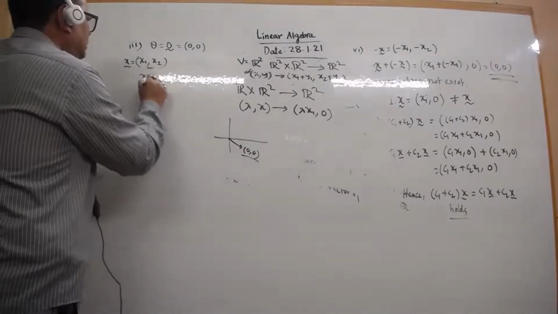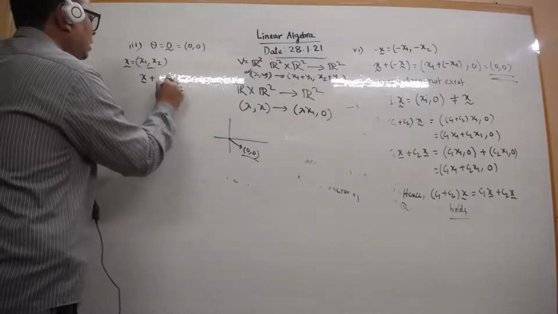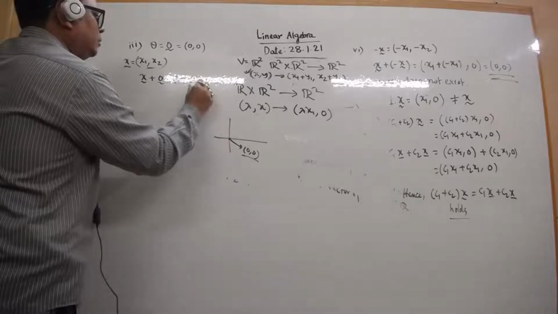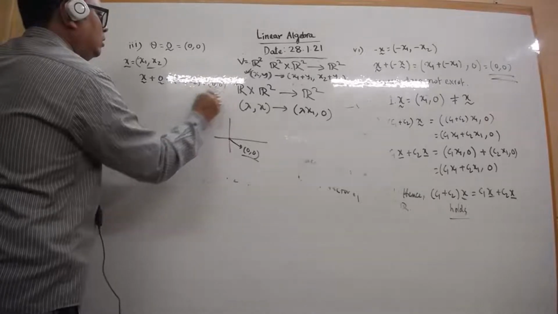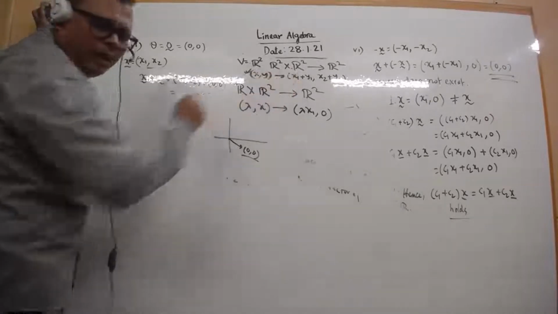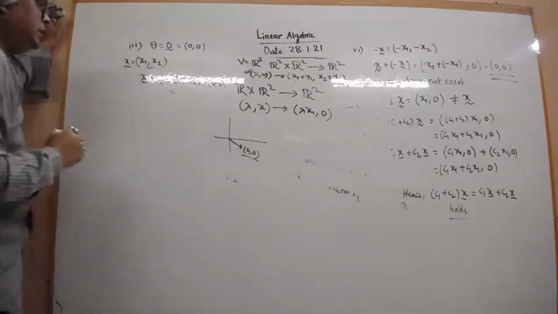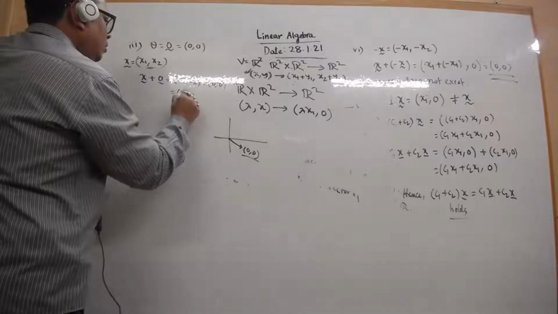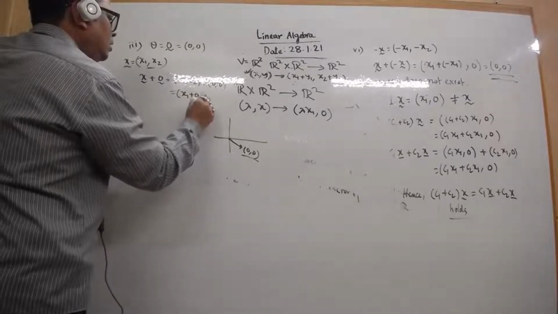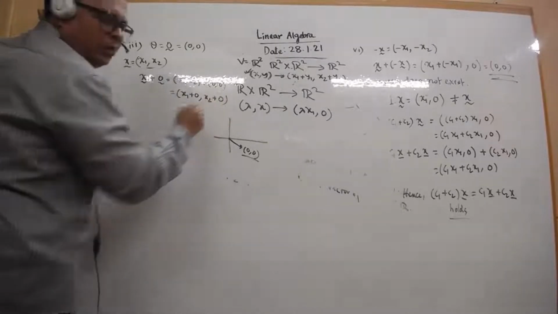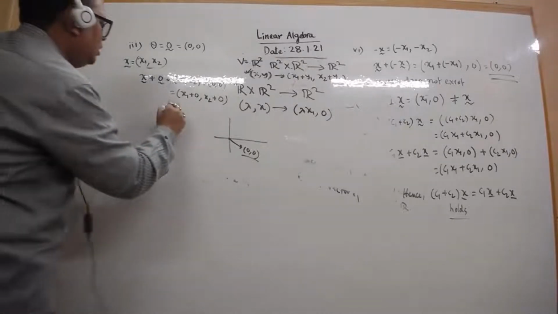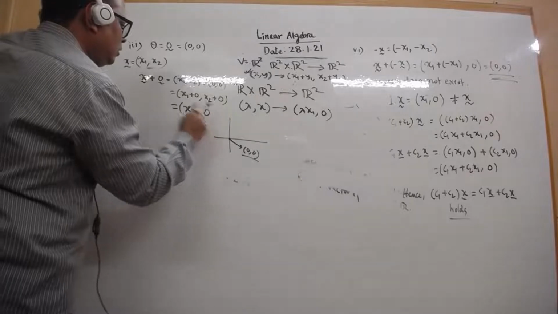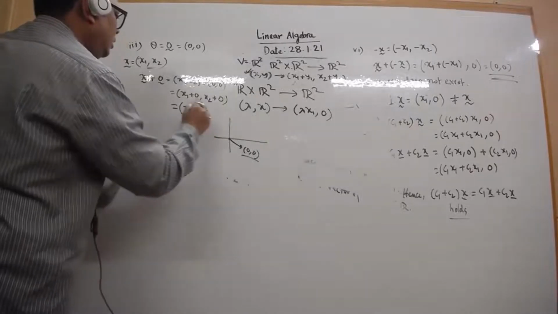So x curl plus 0 curl, that is (x1, x2) plus (0, 0). Then according to the definition of vector addition, we get (x1 plus 0, x2 plus 0), equal to (x1, x2), which is x curl.